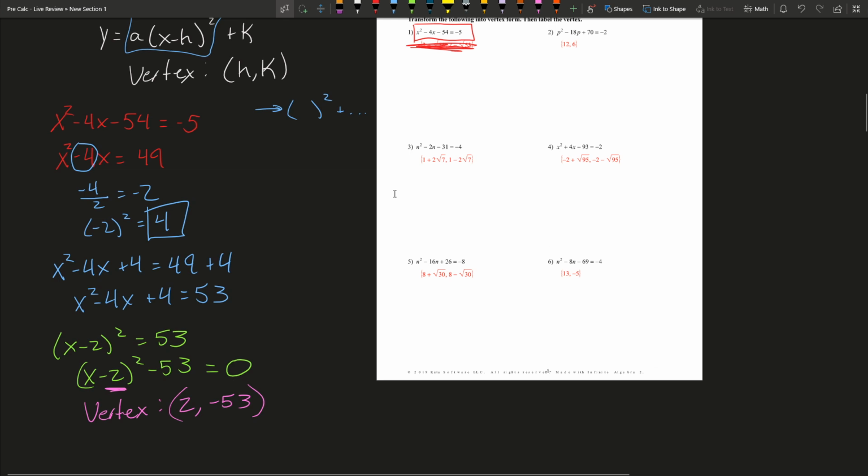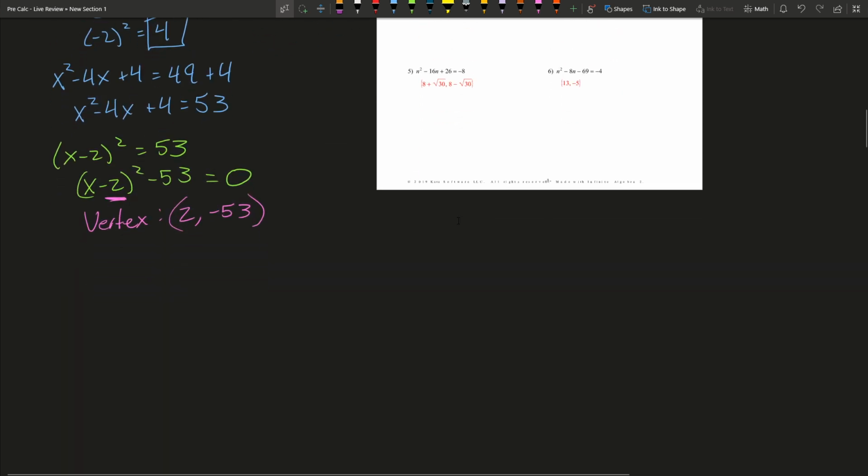So I'll do one more of those just so people can see another example. We'll do number 6. Number 6 says n squared minus 8n minus 69 is equal to negative 4. Again, the first thing we do is add over all the constants to the right.